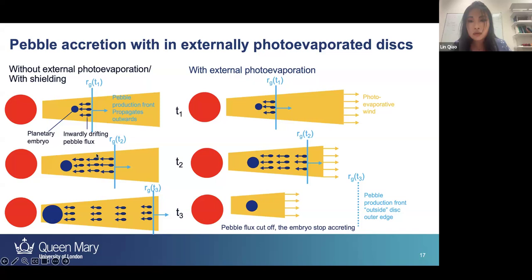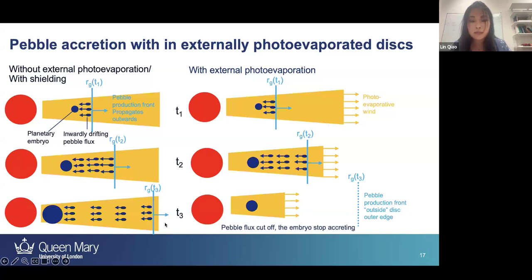The embryonic cores accrete from the flux of the inwardly drifting pebbles produced at the pebble production front, and over time grow and migrate. The growth stops when the pebble production front reaches the disk outer edge.